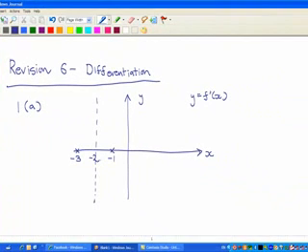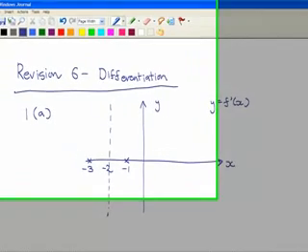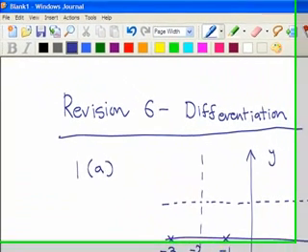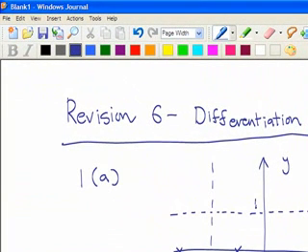If you look at the graph of y equals f x, we can see that when x approaches infinity, the gradient of the graph approaches the gradient of the oblique asymptote, which in this case is 1. Hence, for this f prime x graph, we have to put in the horizontal asymptote y equals 1, because the value of the gradient approaches 1 when x approaches infinity.